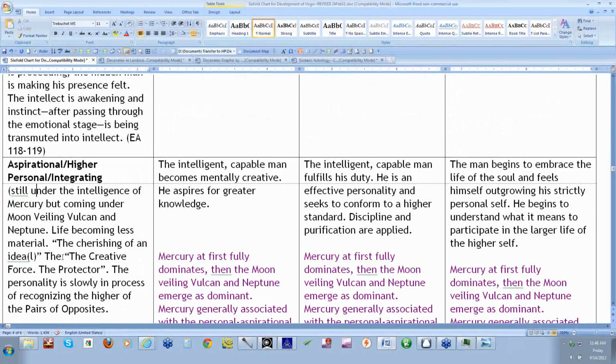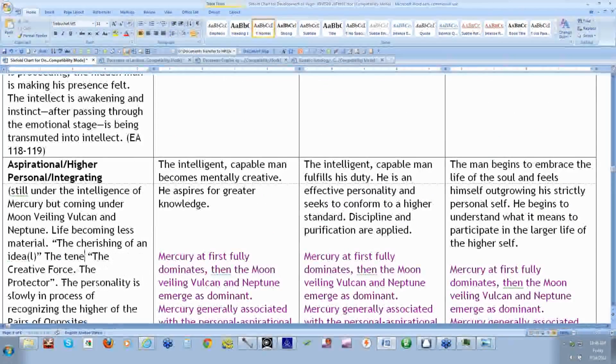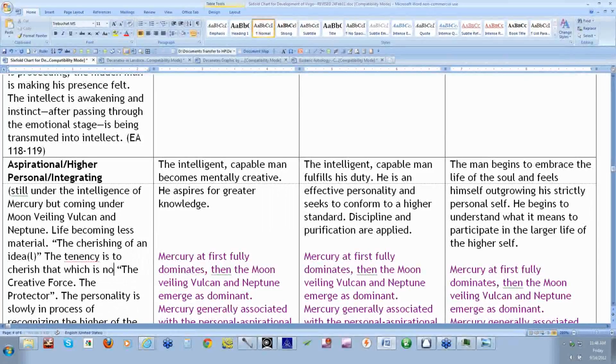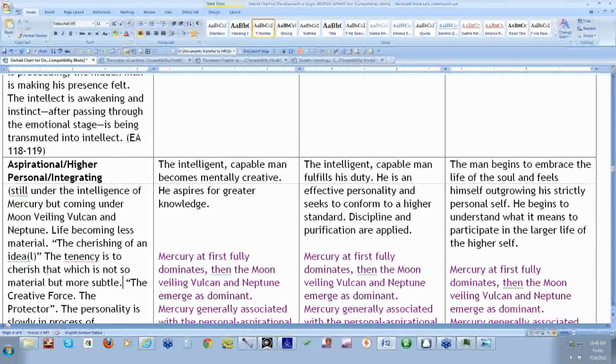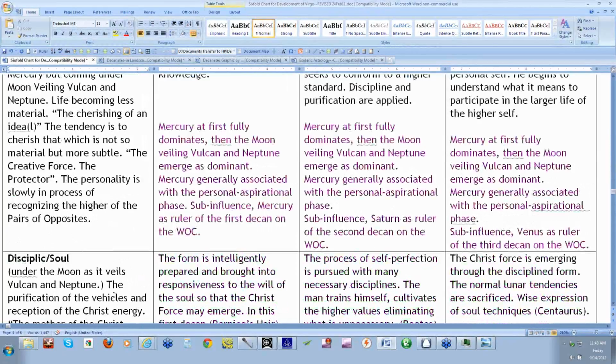We can say that the tendency is to cherish that which is not so material, but more subtle. I'm kind of writing a few things in here as we go. The creative force is there, the protector, not just the germinating energy.